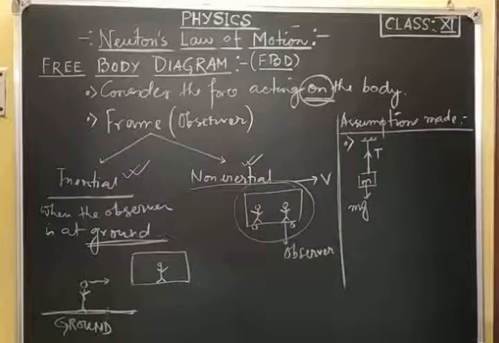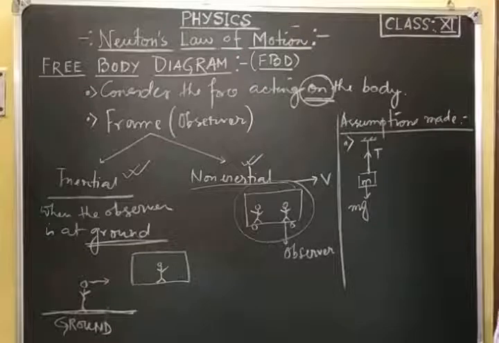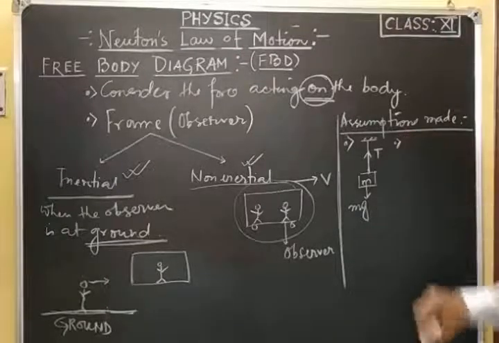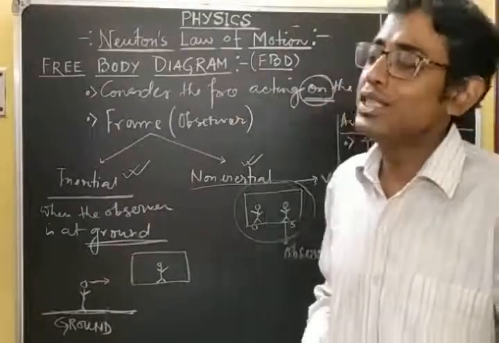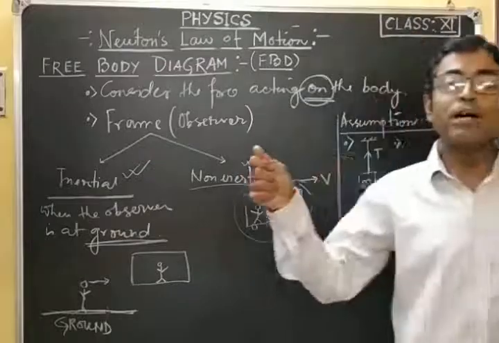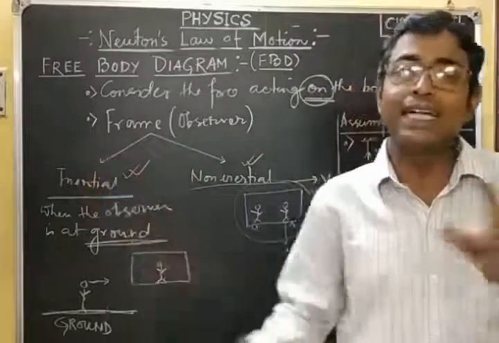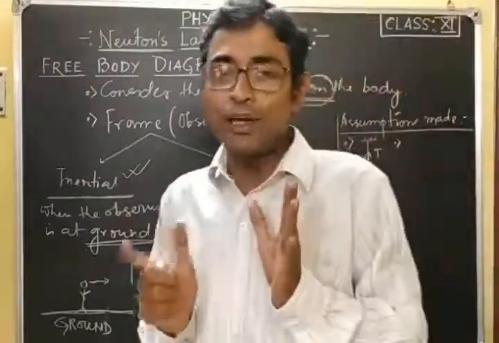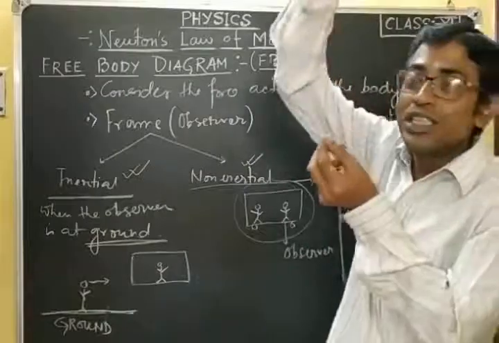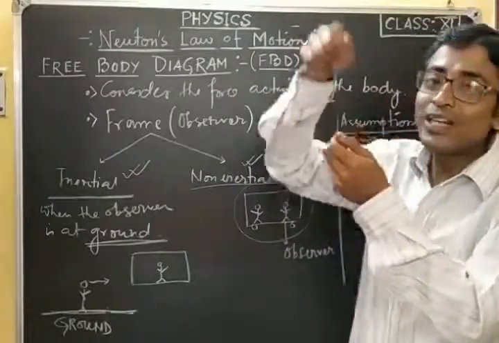So remember, this thread is non-stretchable, or inextensible, we can say. Later we'll learn another chapter, called elasticity, where we'll see that when we apply force on a thread or a string, that string will elongate. That is called elasticity. But here we will be assuming that the thread or the string or the spring, whatever they give, will not expand.